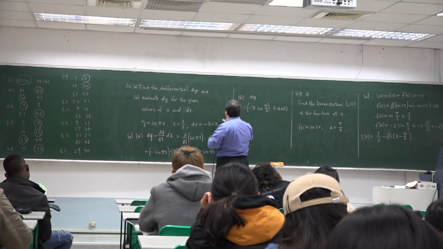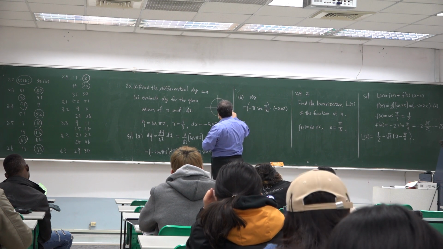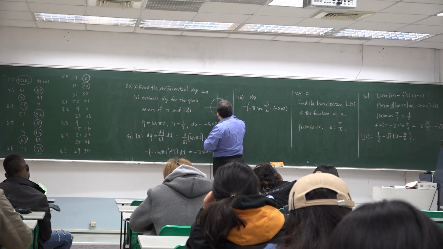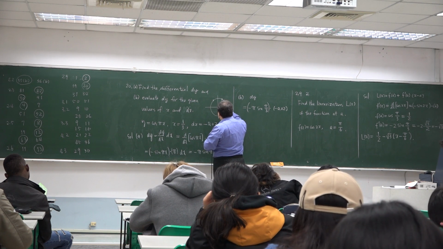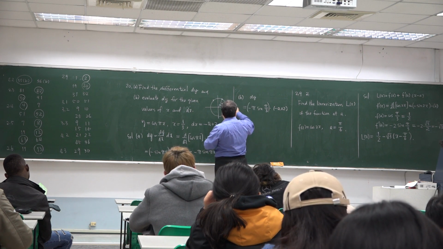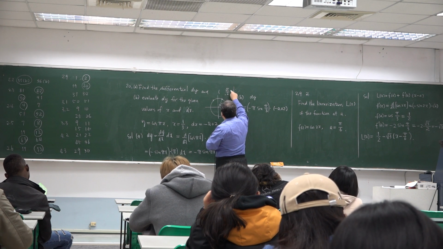Sine pi third, pi is 180 degrees, so equivalently, this is 60 degrees. Sine is the y coordinate.